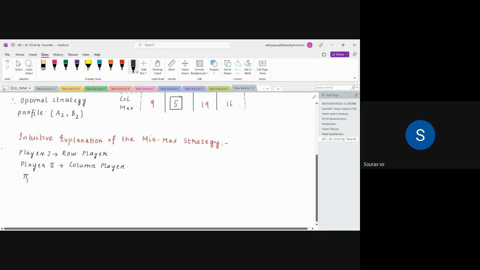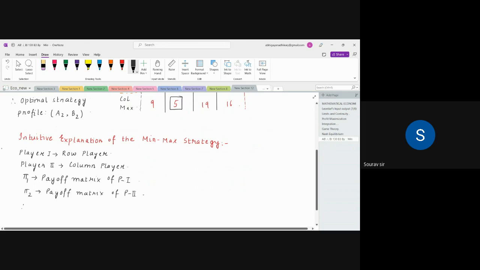Let pi 1 denote the payoff matrix of player 1, and pi 2 denote the payoff matrix of player 2.